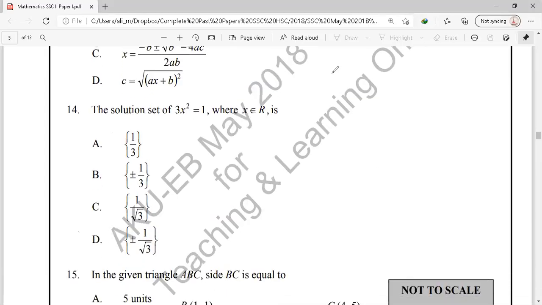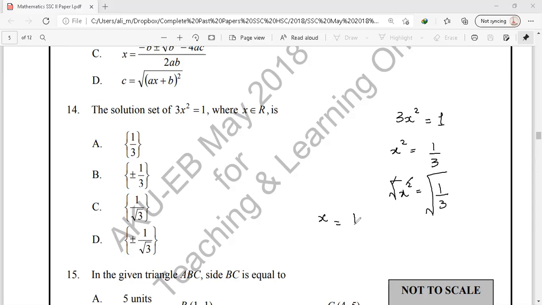Let's see question number 14, and we have to find the solution set in this question. 3x square is equal to 1. So x square would be equal to 1 over 3, and taking the square root on both sides, x square would become the square root of 1 over 3. So the square and root will be cancelled out, so x would be equal to 1 over root 3.